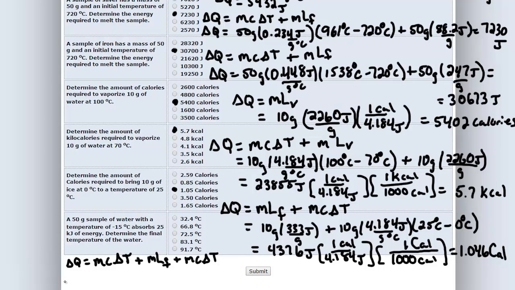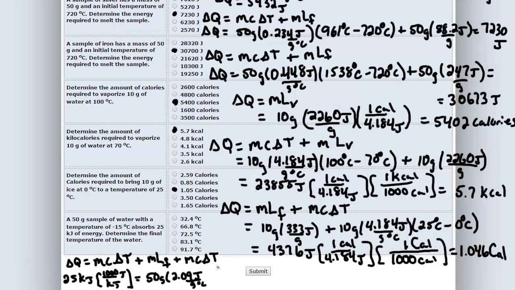So our ΔQ is 25 kilojoules, and in each kilojoule there are 1,000 joules. And then that has to equal the mass, which is 50 grams, multiplied by the specific heat of ice, which is 2.09 joules per gram degrees Celsius.